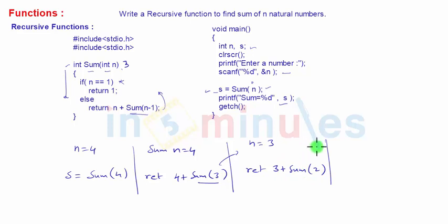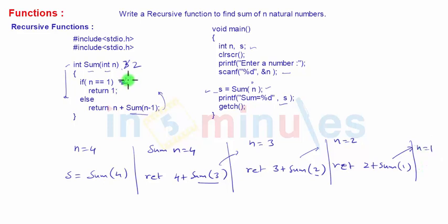Again the function is called with value 2, so the program jumps up, this time passing 2 over. Again the function starts working, receives n as 2. Again the if condition is false, so the else part works, says return 2 plus sum of 1. The function calls itself again, and n receives the value 1.